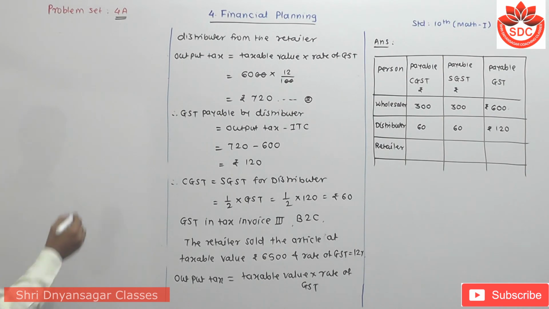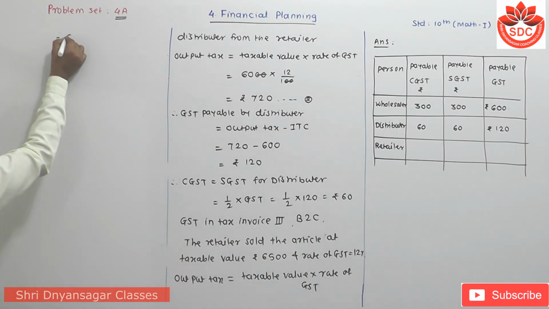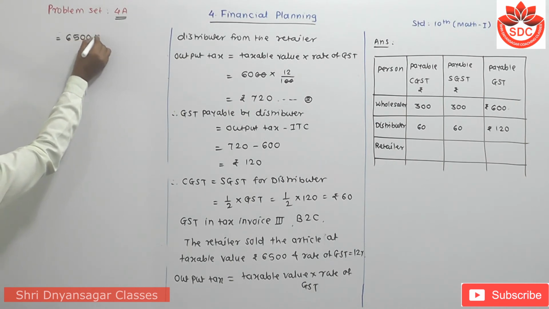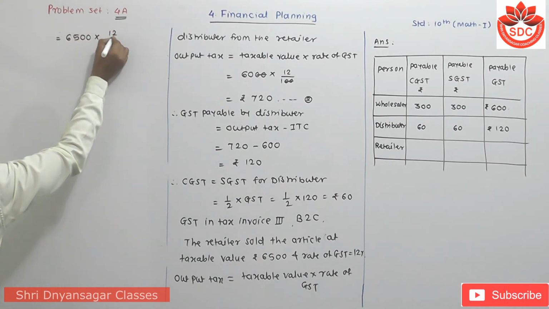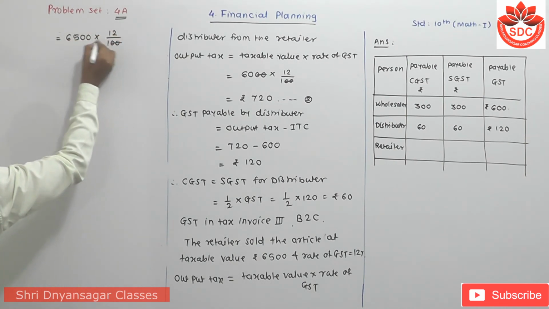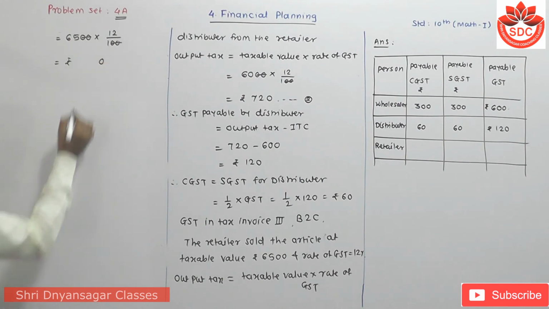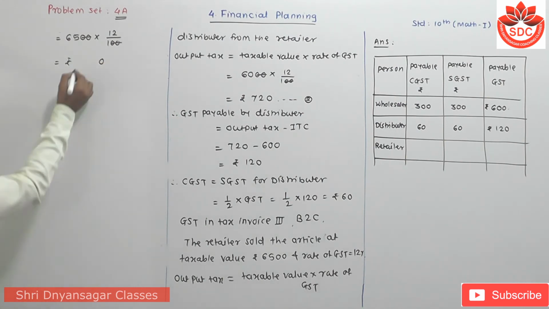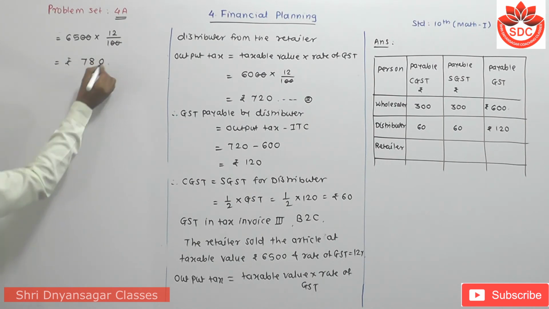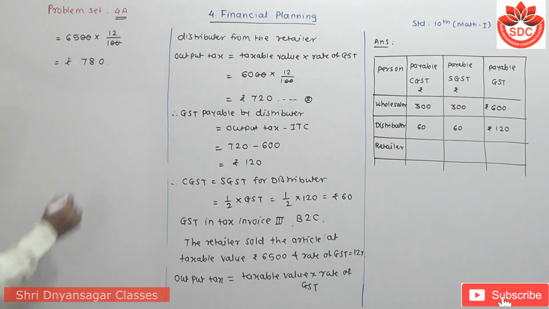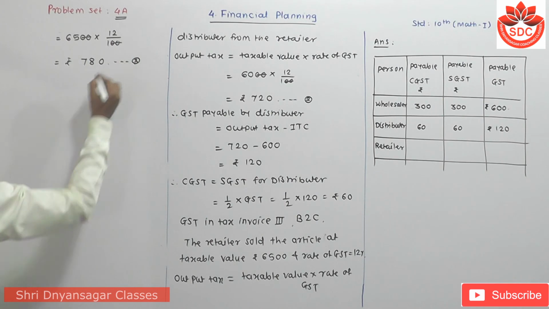Output tax is equal to 6,500 into 12%. Cancelling the zeros, 12 fives are 60, carry 6, 12 sixes are 72 plus 6 becomes 780 rupees. Now students, suppose this is equation number 3.